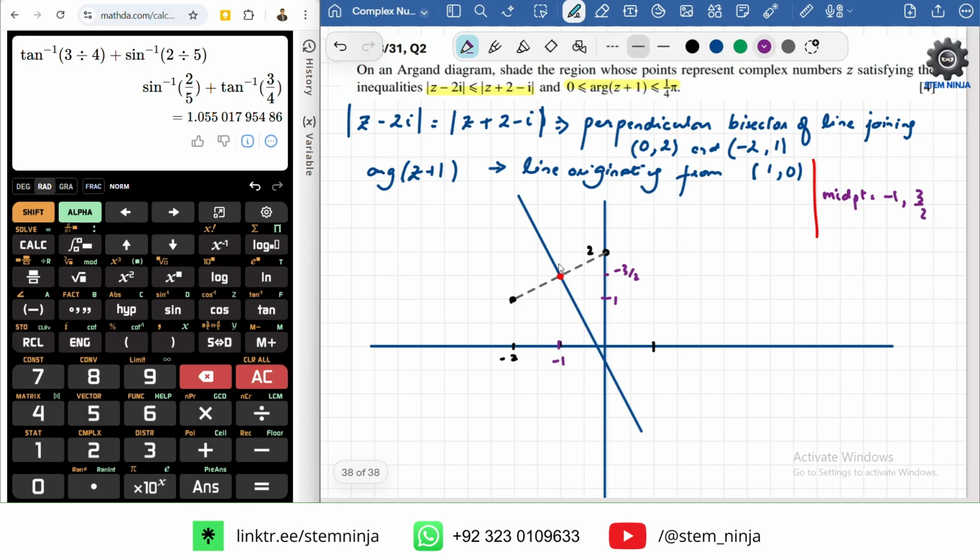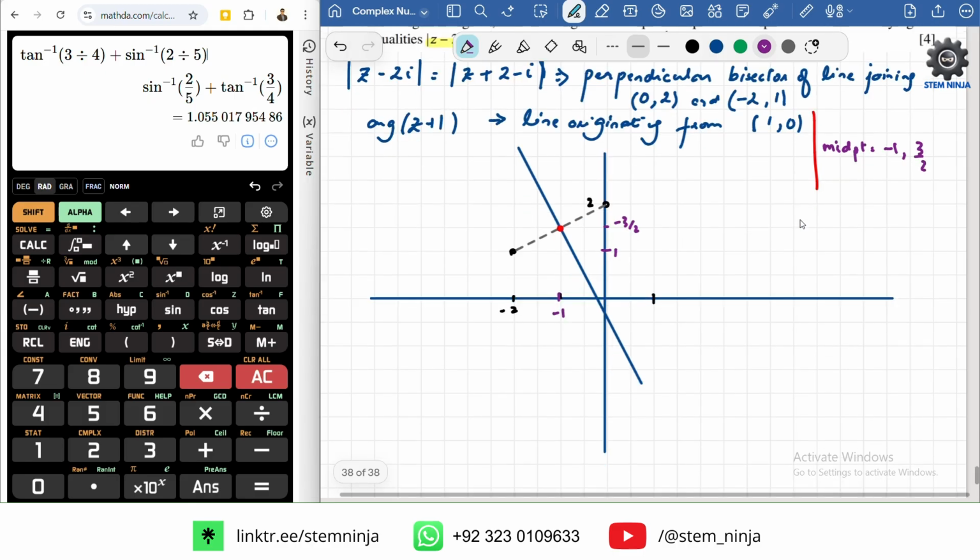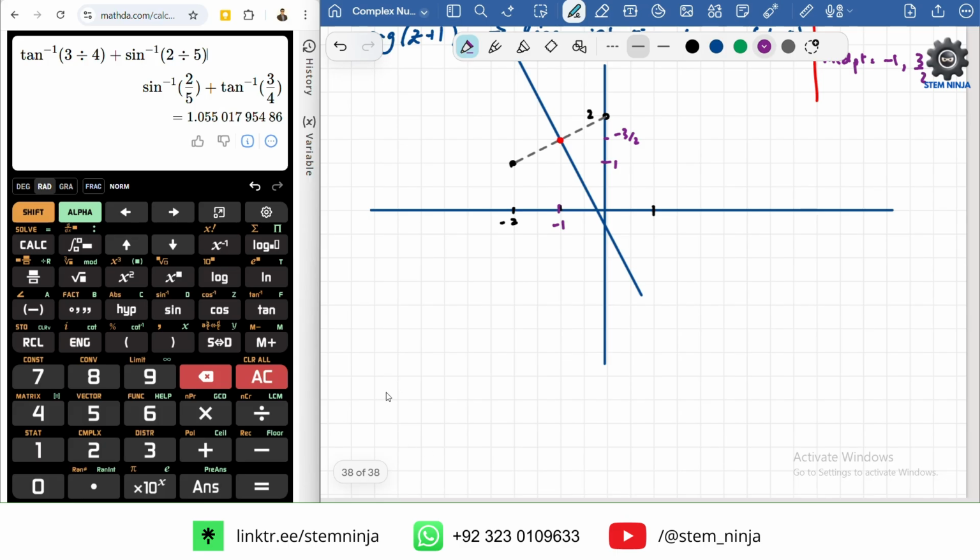I think this is fine, but if you want to be a little bit more thorough, you can find out the y-intercept at least, because we have nailed down the 1 point. You can do that, but that's not exactly necessary over here. But if we were to do that, we have 0, 2, and -2, 1, right?